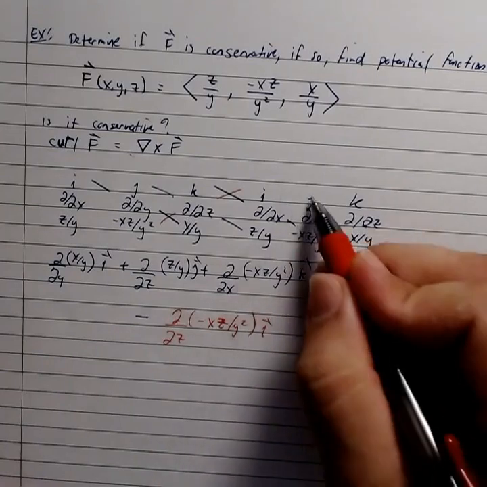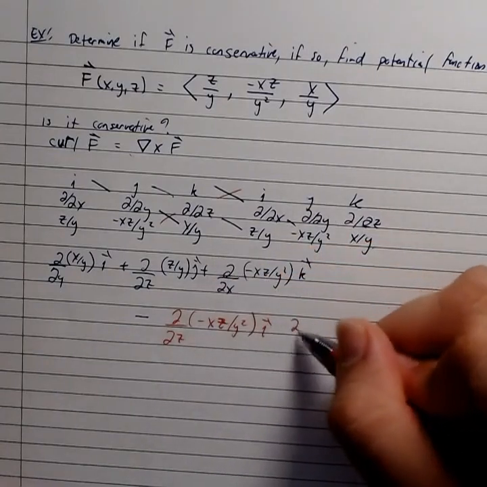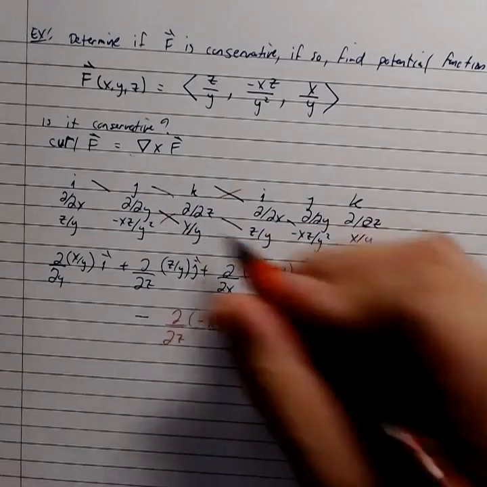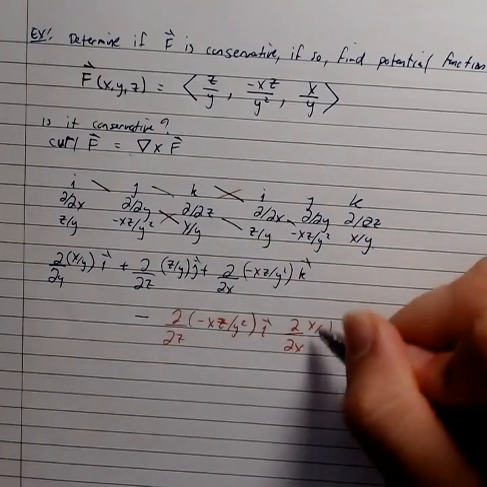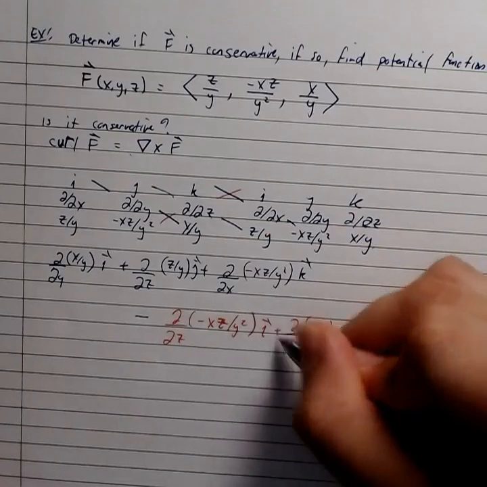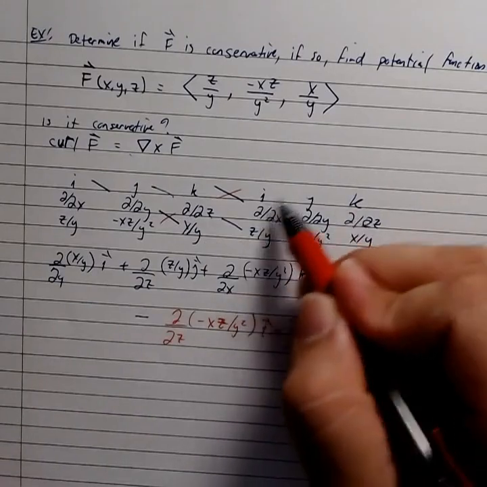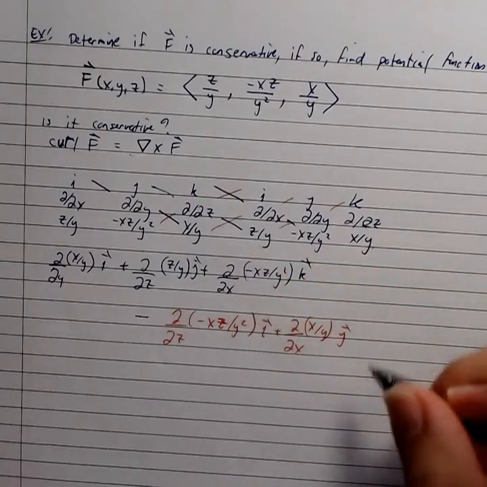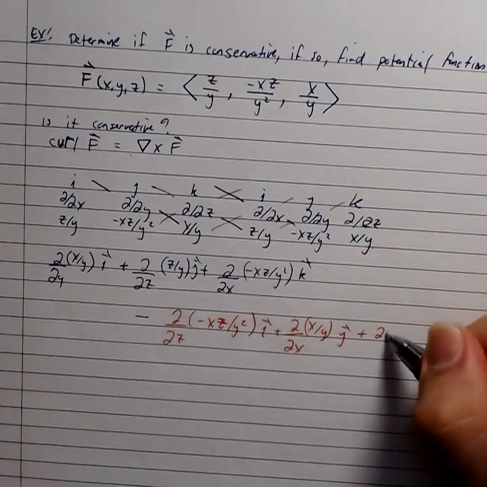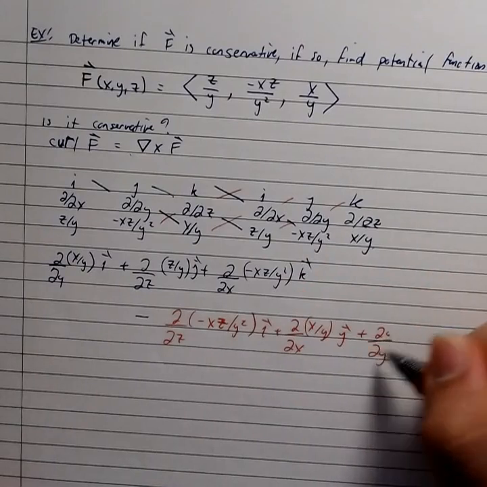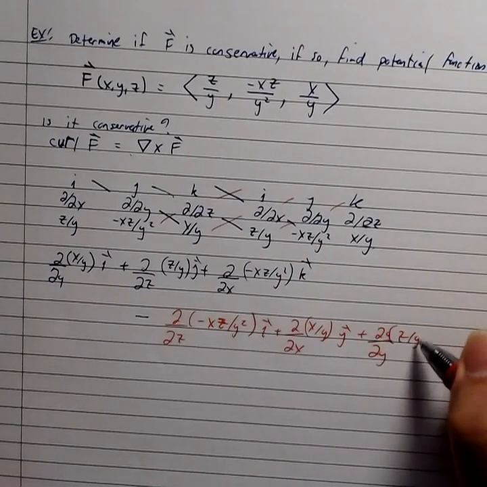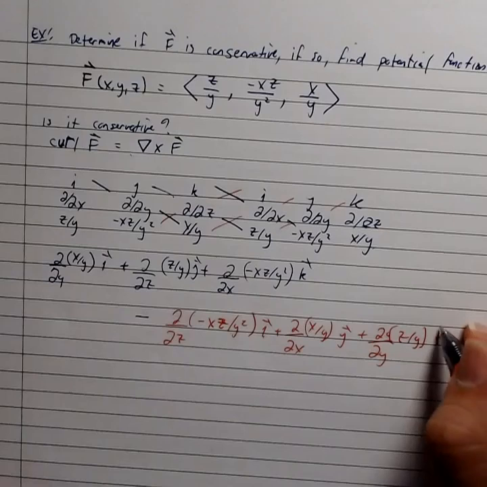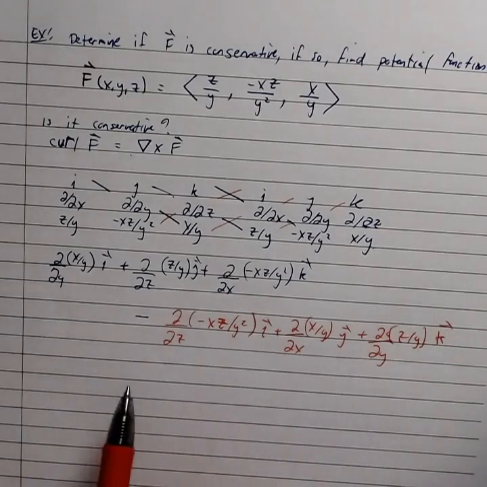I. That's going to be the partial with respect to z of x over y. J. And that's going to be the partial with respect to y of z over y. K.